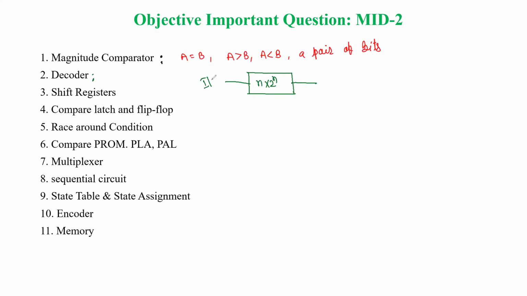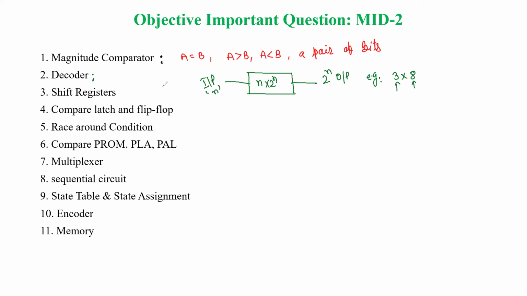If some outputs are not utilized, they can be empty. For example, we can construct a 3 cross 8 decoder, where 3 is the number of inputs and 8 is the number of outputs.